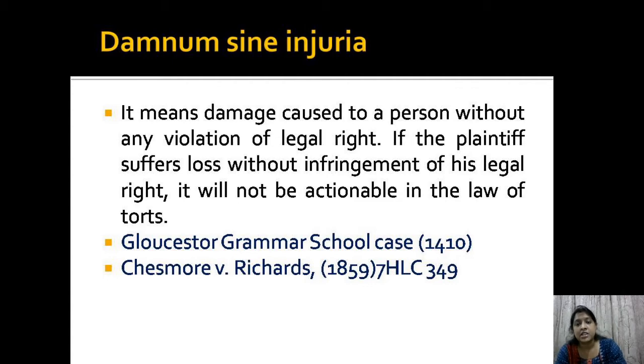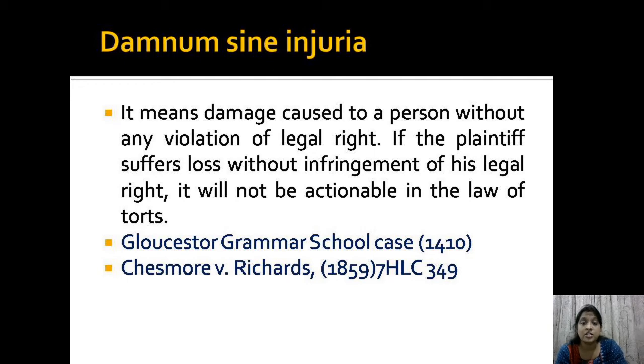The defendant dug a well in his own land, because of which suddenly the water which was going through the stream in the plaintiff's mill stopped. As such, the plaintiff filed a suit against the defendant. The court held that the defendant was not liable as he has a legal right to dig in his own land.